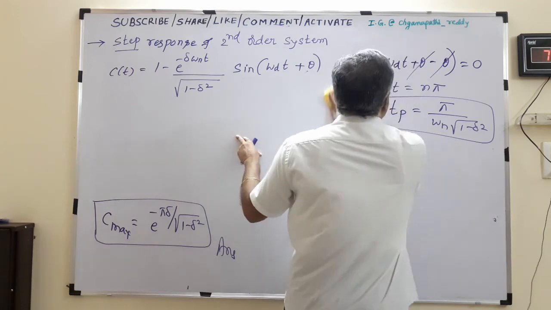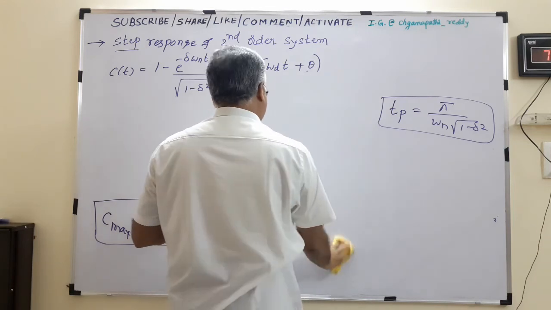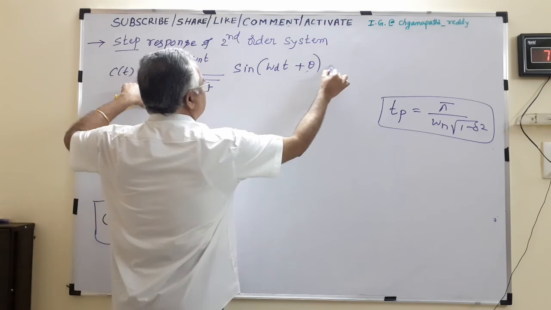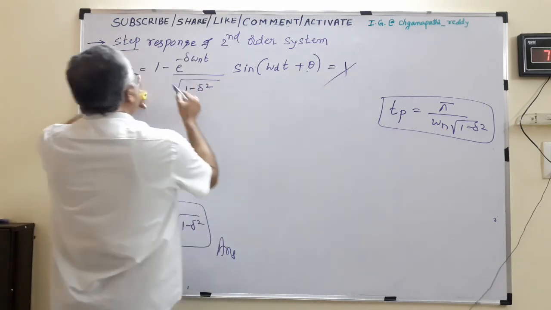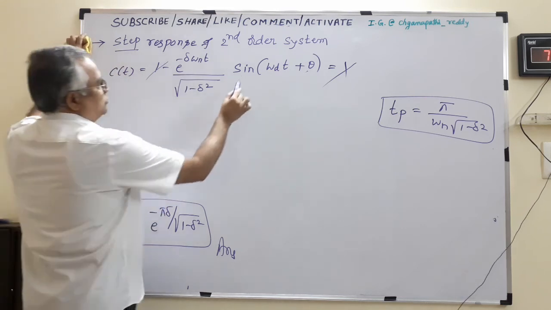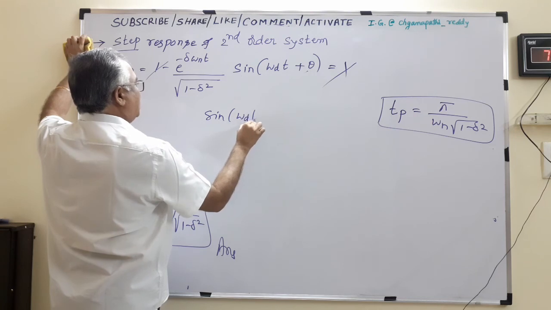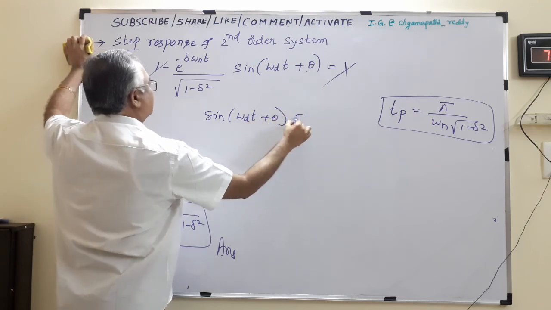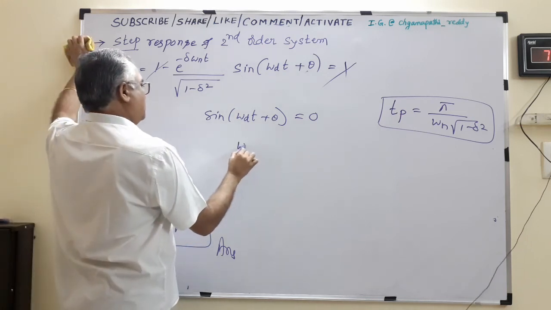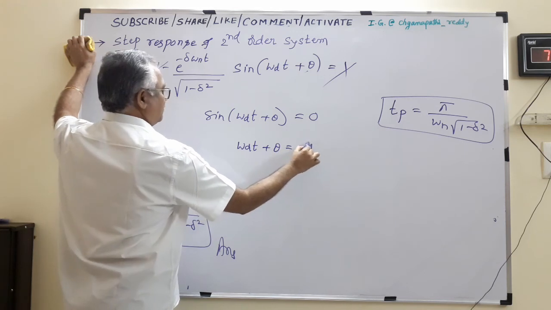Next, rise time. Rise time is the time taken to reach 100%, meaning 1. So this one cancels. So when this can be 0, sin of omega d t plus theta equal to 0. So omega d t plus theta equal to pi.